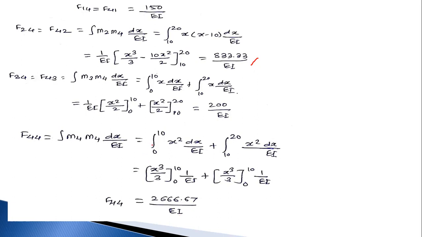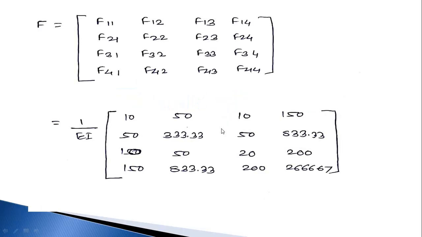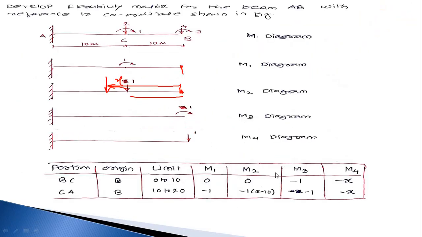See here, in the previous table, the m4 values are for both conditions, that is for portion BC and portion CA.